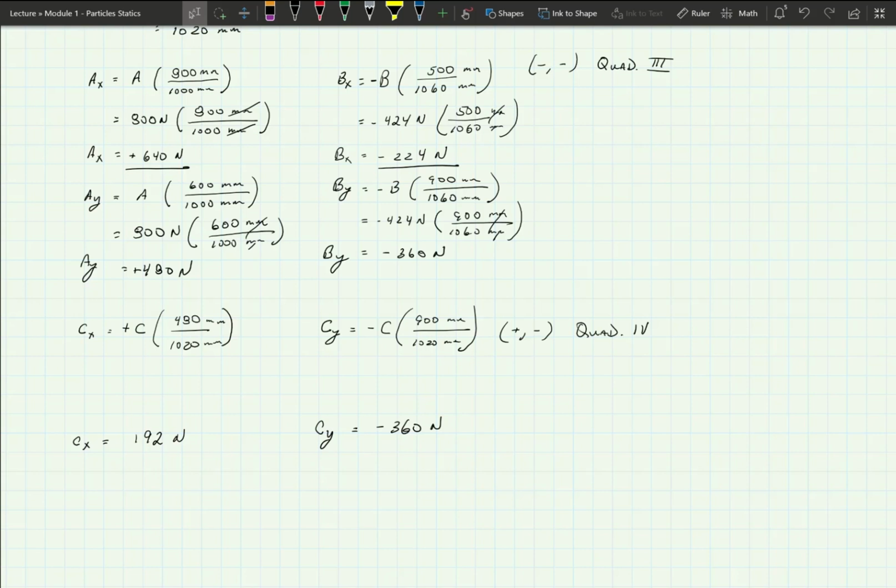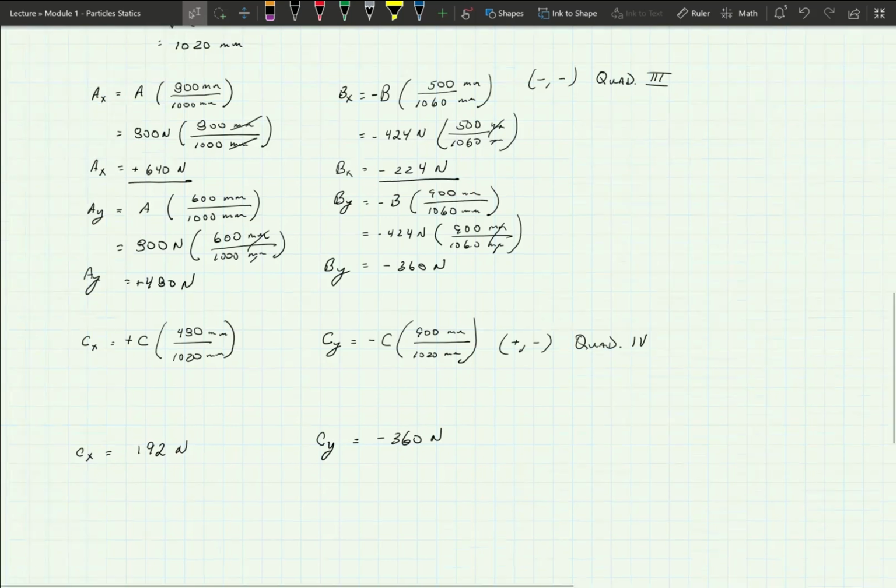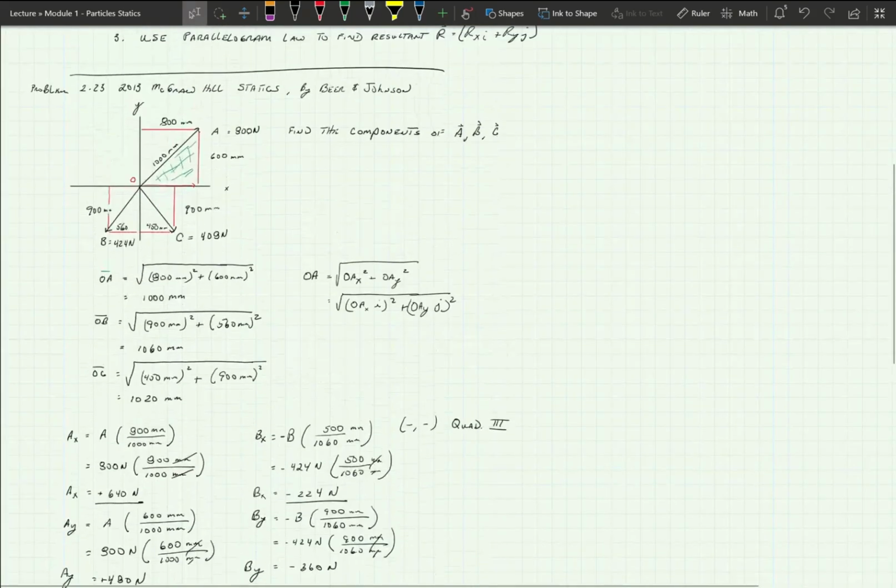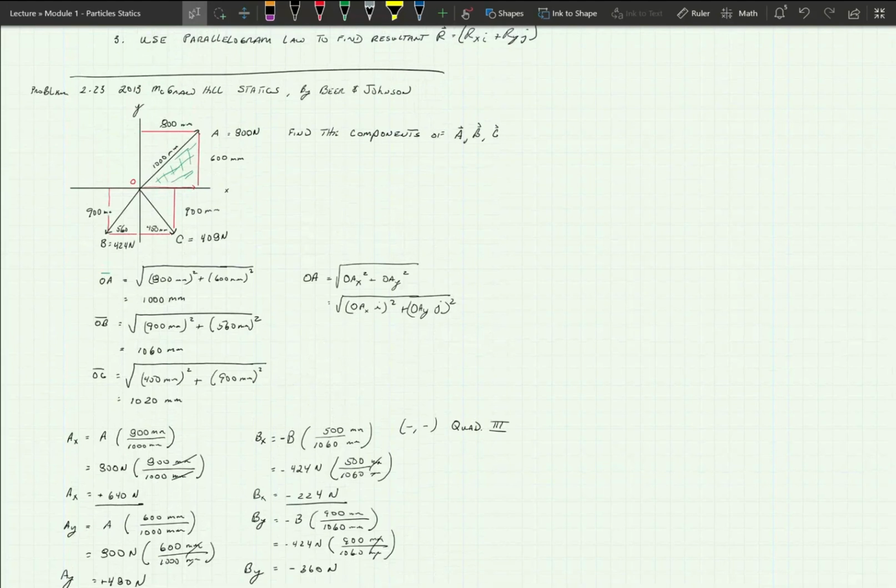Now, why is finding the components of these interesting? One last thing here, and this takes you into strength of materials, maybe into the design course down the road. We can have three force vectors acting on a single pin at O, and we want to know what the forces are that are adding up in there. So we know how this is going to act on the member itself.